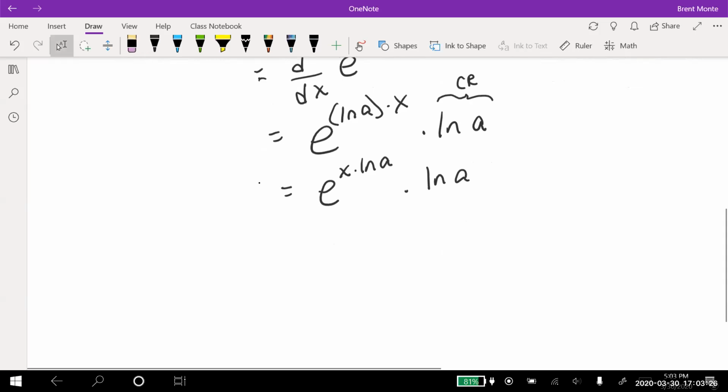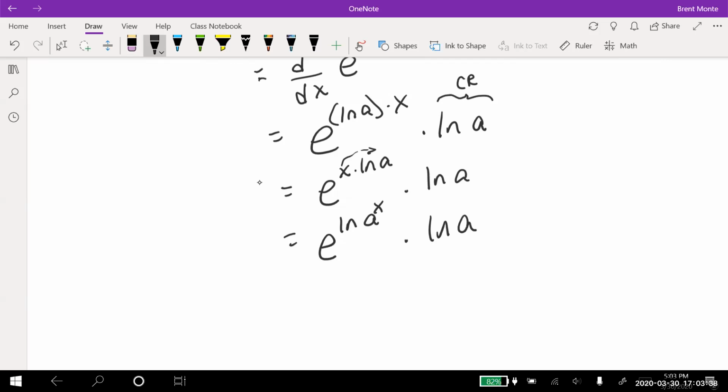And the reason I'm doing that now, property of logarithms, this exponent can go back up there. And that's really e to the ln of a to the x, times the ln of a. And then another property of exponents, the e to the ln cancel each other out. Those are inverses. I just get a to the x times the ln of a, which is what we said the derivative was.